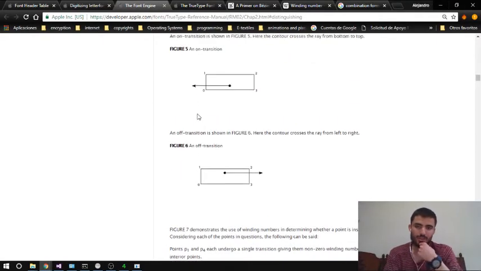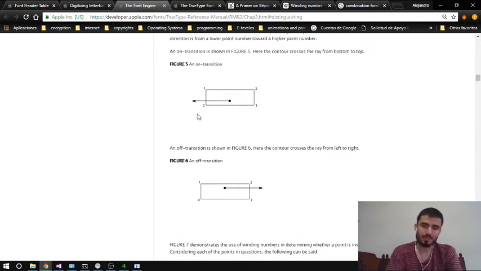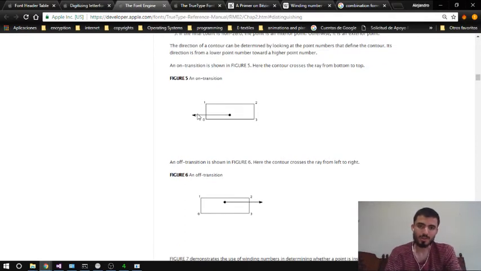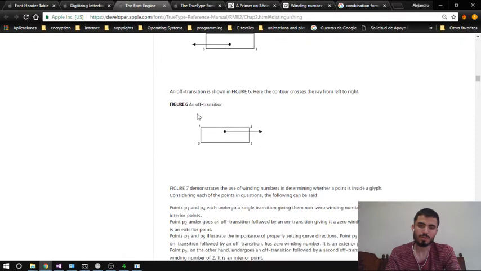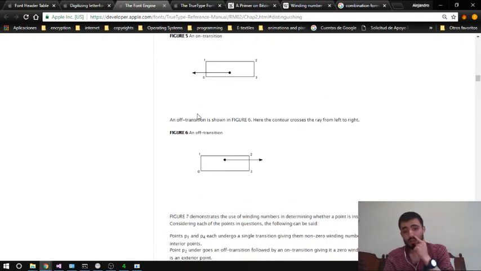So for the winding number, this means that, for example, this goes this way and this goes the same way, I guess.